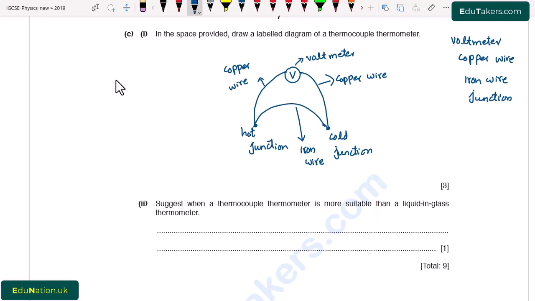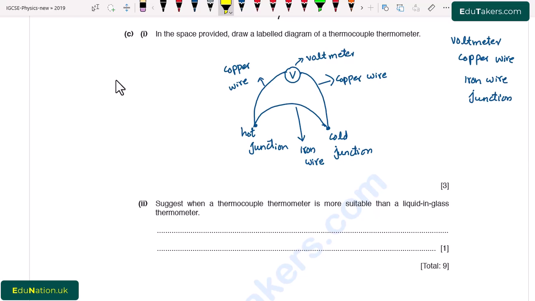Part 2. Suggest when a thermocouple thermometer is more suitable than a liquid in glass thermometer. A thermocouple thermometer is more suitable than the liquid in glass thermometer because it is used for a wide range of temperature. When we use the thermocouple thermometer for a wide range of temperature, then it is more suitable.